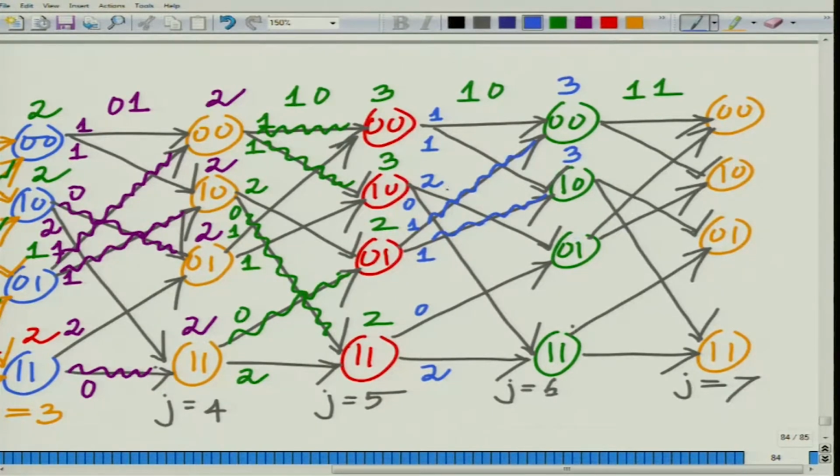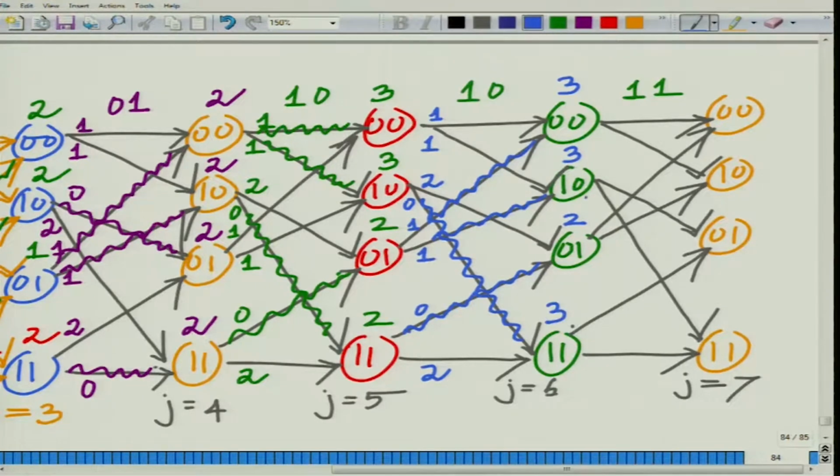To 0 1, it is either 3 plus 2, 5 from 1 0, or 2 plus 0, that is 2 from 1 1. So needless to say, it is 2. And for 1 1, it is either 3 plus 0, that is 3, or 2 plus 2, that is 4. So needless to say, that is 3.